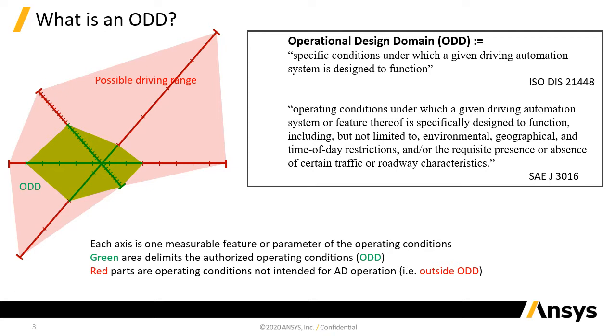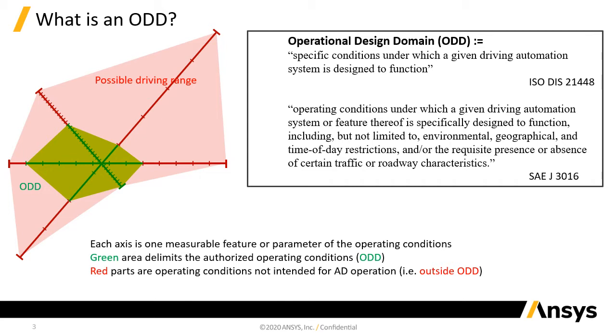I cannot drive on water, for instance, but I can drive on all kinds of roads, even off-road, under all weather conditions, whatever. So I can make an ontology. I have certain terms like road types and the parameters of the road, like the lane width. I have weather conditions, visibility conditions, and so on. And you could imagine this as a set of axes going in different orthogonal directions.